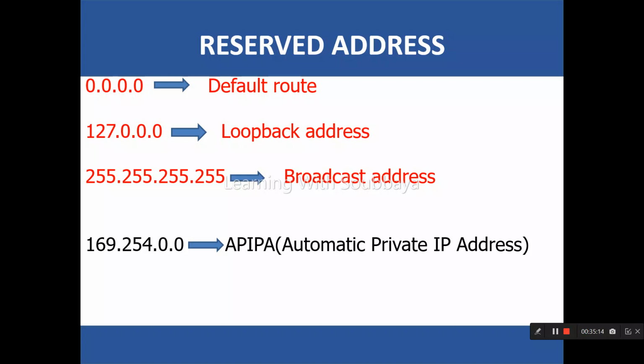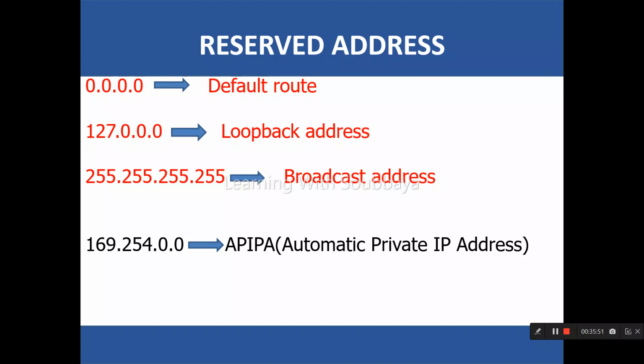But a default route means that even though the destination address is not in the routing table, it forwards the packet to the next hop address, meaning the next router's IP address, the next interface IP address. That's called default. A default route is also called the gateway of last resort.